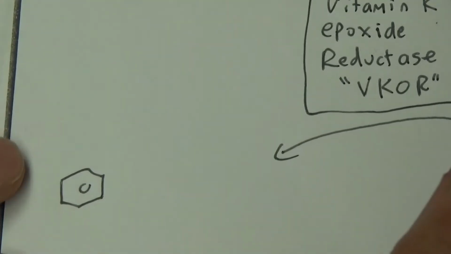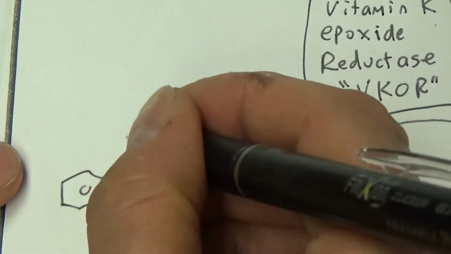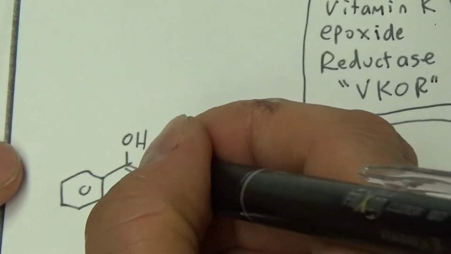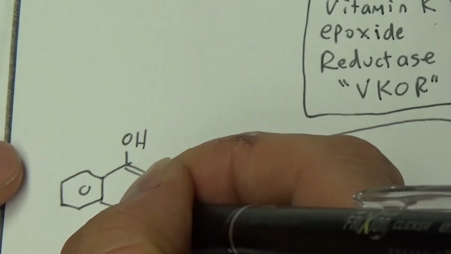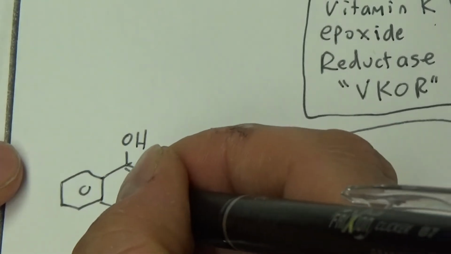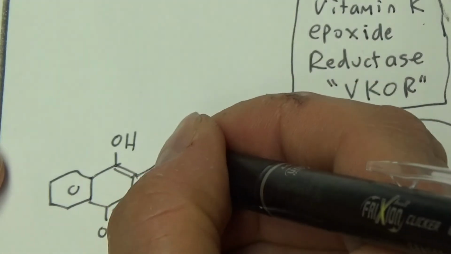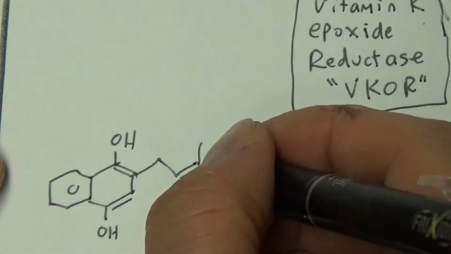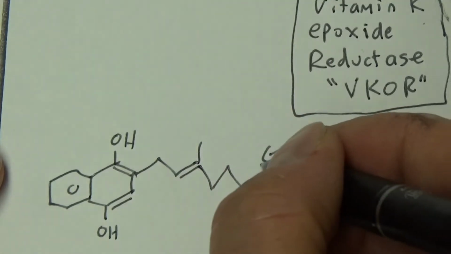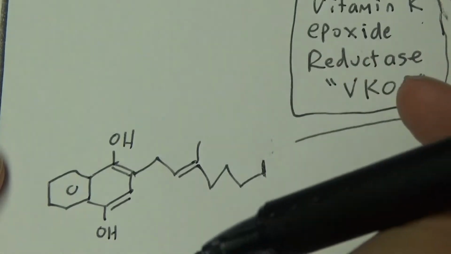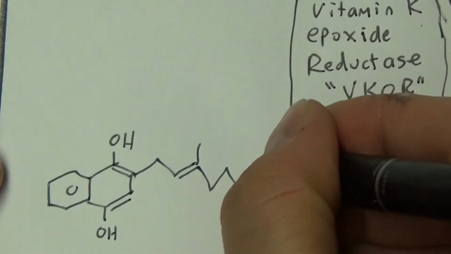Okay, we've got our benzene, and then we have hydroxy. And then we have a carbon-carbon double bond, and so on, with methyl groups. Let's draw that nicely.